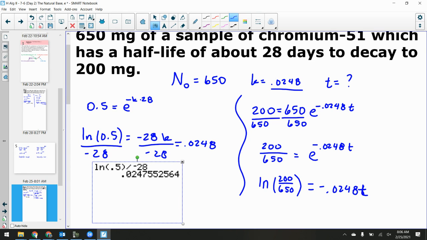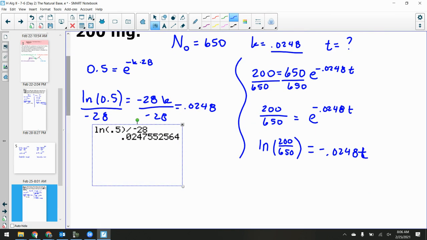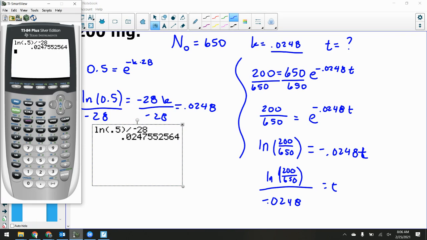And we divide by the negative k value. Write that out: ln of 200 over 650 divided by negative 0.0248. That's going to be our time. Now, I am not going to round that number.